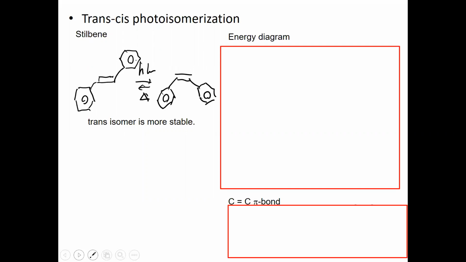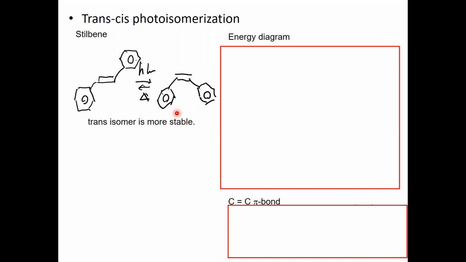You may know that this is the trans isomer of stilbene, and this is the cis isomer, and this conversion can be induced by light.